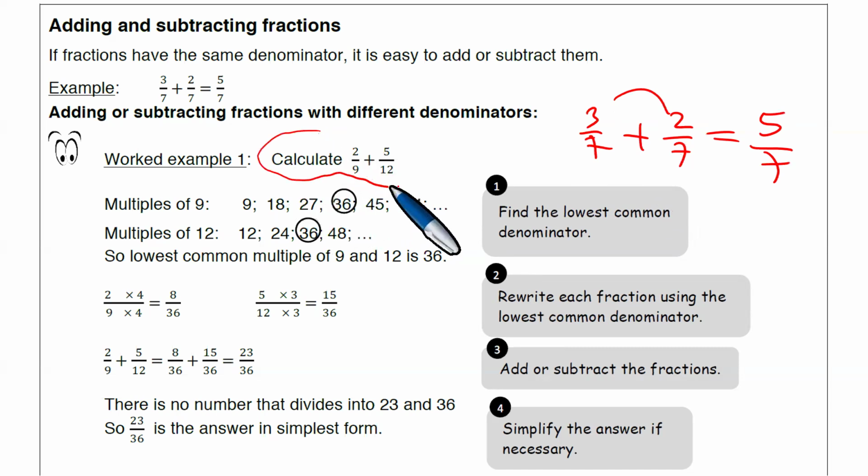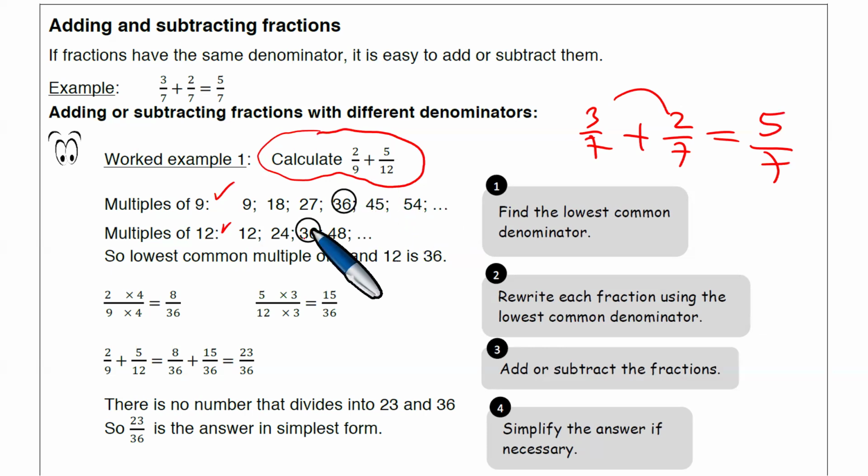Worked example 1. Calculate 2/9 and 5/12. Multiples of 9, multiples of 12. We want to find the LCD.